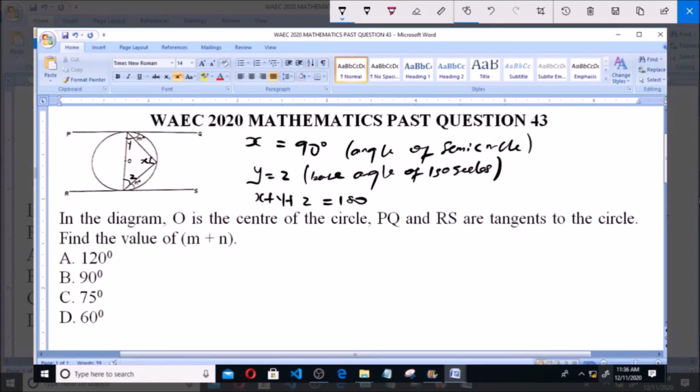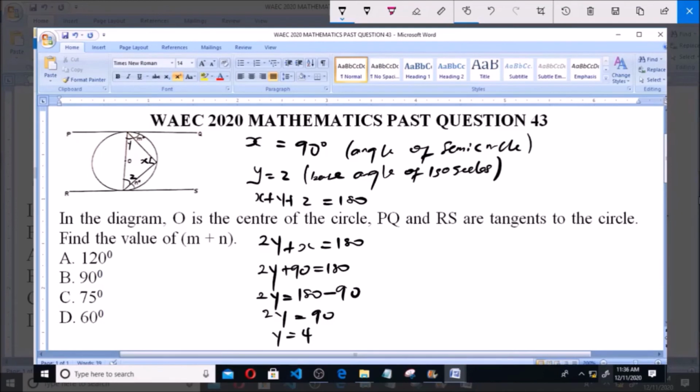Since Y and Z are equal, 2Y plus X is equal to 180. So 2Y plus 90 is equal to 180. 2Y will be equal to 180 minus 90, and 2Y is equal to 90. So Y is equal to 45 degrees, and since Y is equal to 45 degrees, Z will also be equal to 45 degrees.